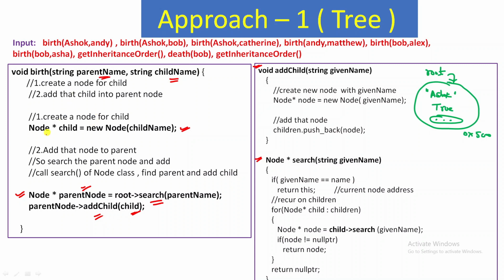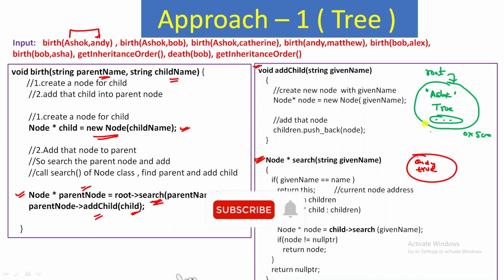Here you can see that we are first creating a node for the child. Let's say this is the example: Ashok is the parent and this is the child, with its status alive as true and children null. Then I'll start searching for the parent. Search is defined inside the node, because I have to search in the node. So root arrow search with the parent name, Ashok, will be passed.